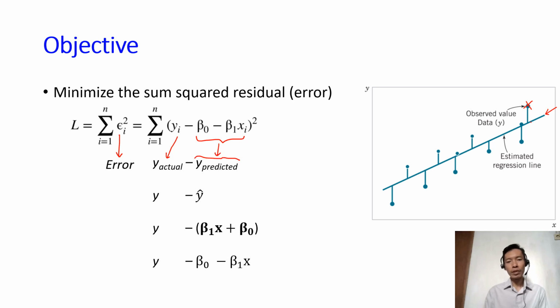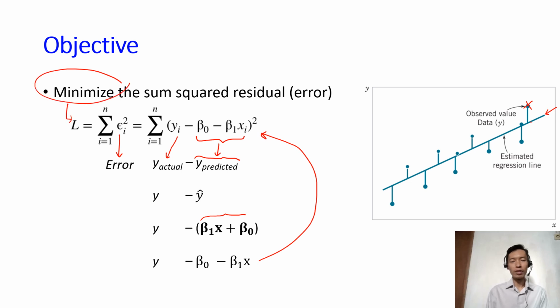So we can say it's the difference between y and y hat, and then y hat itself in the regression model is beta 1 x plus beta 0, and then we rearrange the terms so we arrive at this function. We would like to minimize this function.